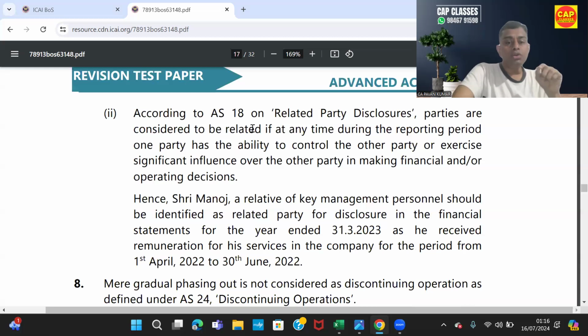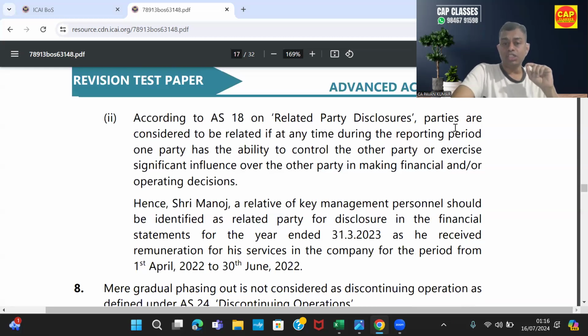Question number 2. According to AS 18, on related party disclosures, parties are considered to be related if at any time during the reporting period, one party has the ability to control the other party or exercise significant influence over the other party in making financial or operating decisions. Hence, Shri Manoj, a relative of KMP, should be treated as a related party.